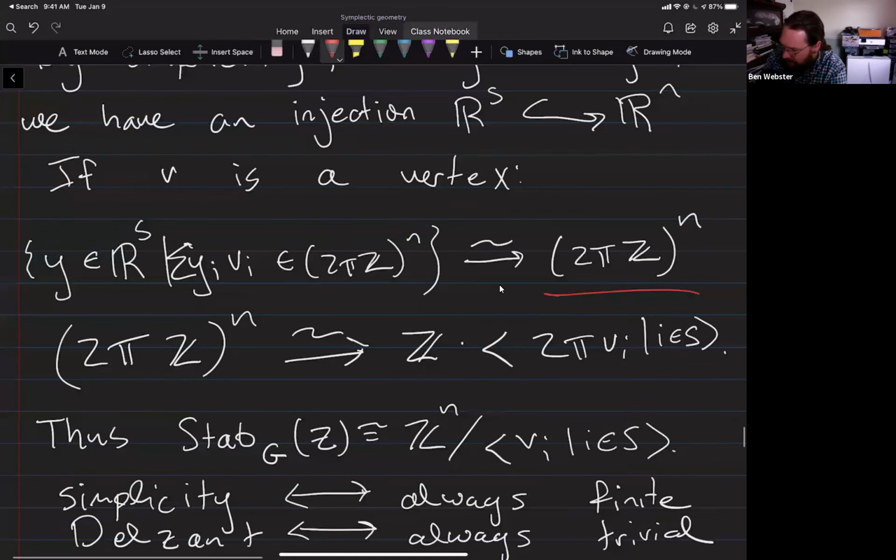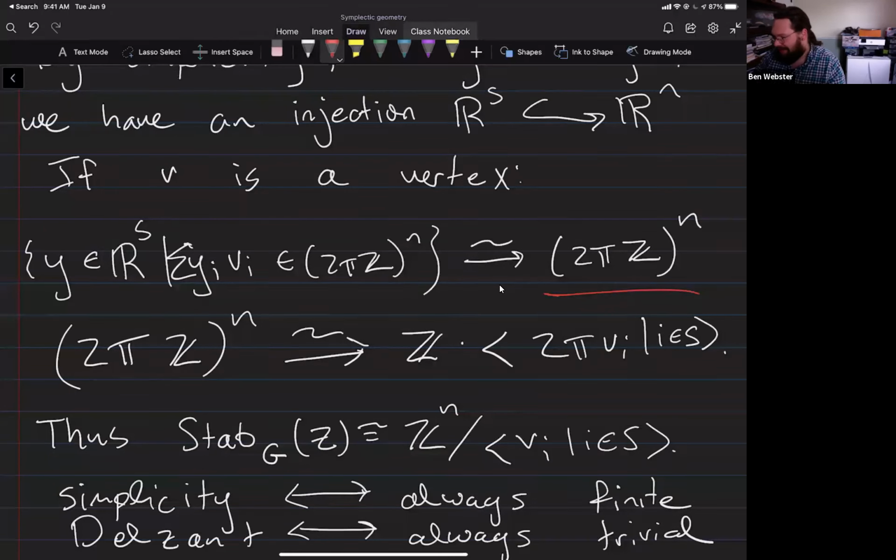And on the other hand, 2πZ^n maps to the span over Z, the abelian group generated by 2π times v_i. Again, just look at the definition of the map. So the stabilizer is the quotient of these two.